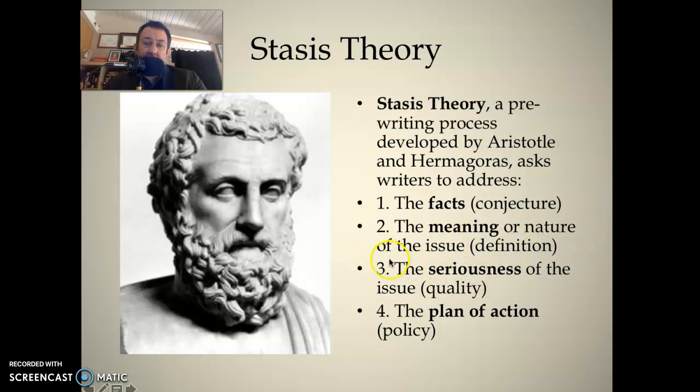But when you talk about point 3 here, the seriousness of the issue, I would think that affects the paper more specifically in the realm of tone and word choice. And then plan of action, this just helps you kind of begin to carve out a thesis for this type of essay. So that's a little bit on essay 4 and stasis theory.